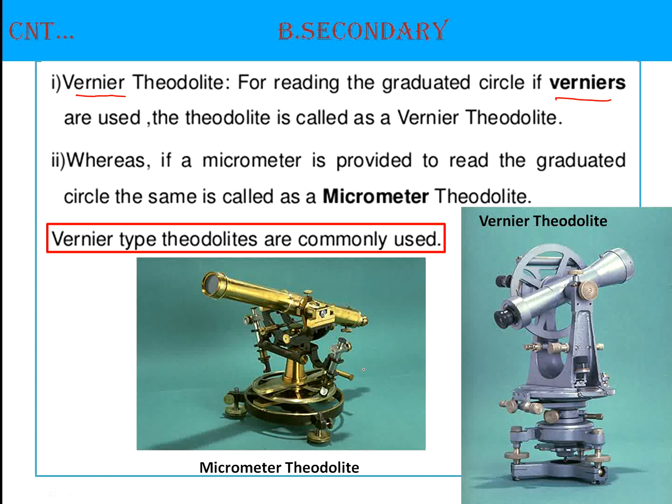But sometimes vernier arrangements will not be there. Instead of that, a micrometer as shown in this figure, like a screw gauge, is used, and then that kind of theodolite is known as a micrometer theodolite. But anyway, vernier theodolites are the ones which are commonly used.